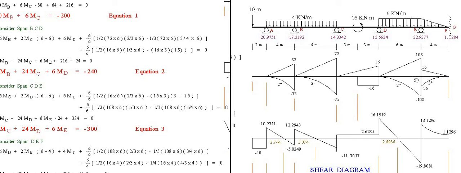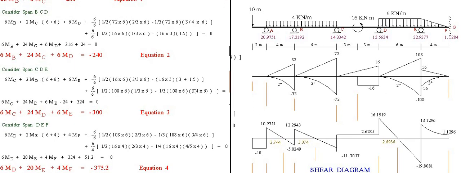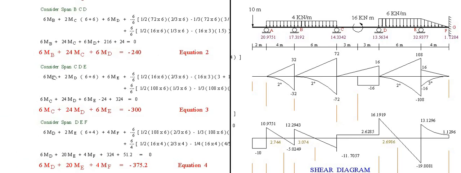Okay. Then equate this to 0. Simplifying, 6 MC, 12 times 2 or 24, 6 MA.